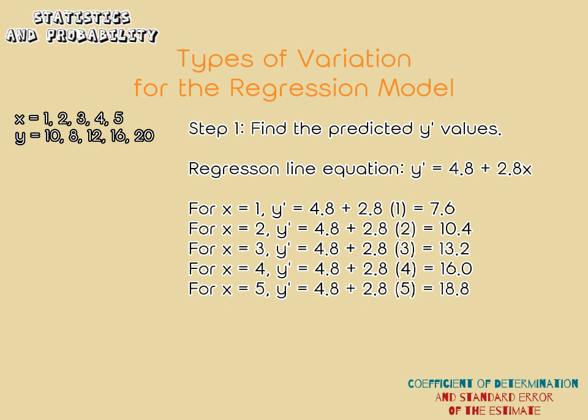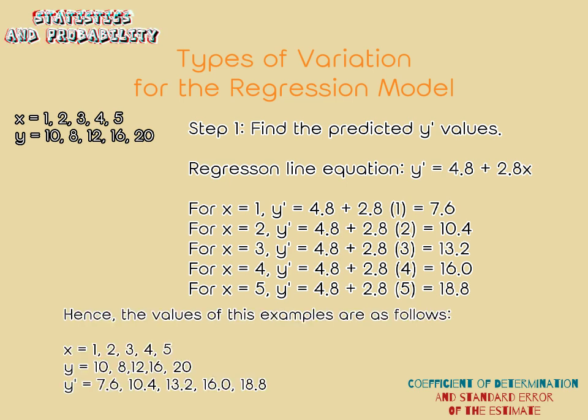For x equals 4, y prime equals 4.8 plus 2.8 times 4, which is equal to 16.0. For x equals 5, y prime equals 4.8 plus 2.8 times 5, which is equal to 18.8.